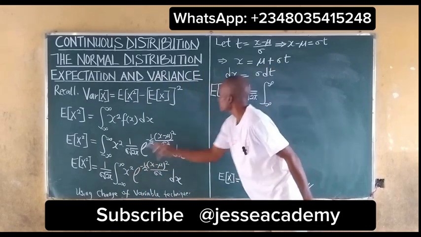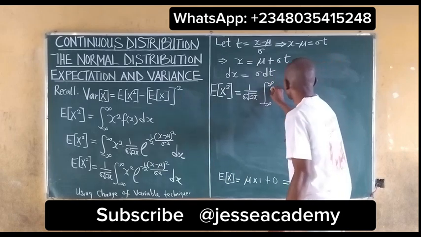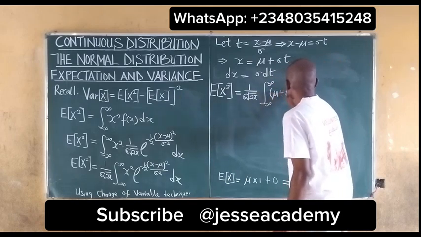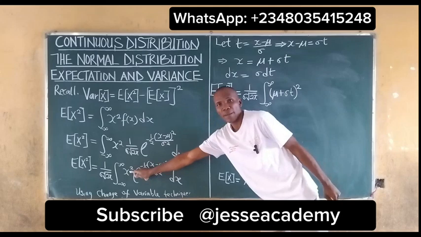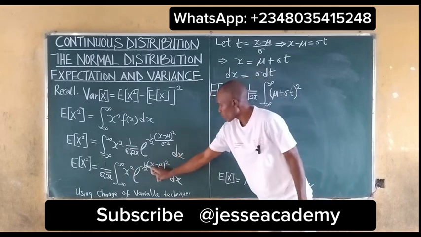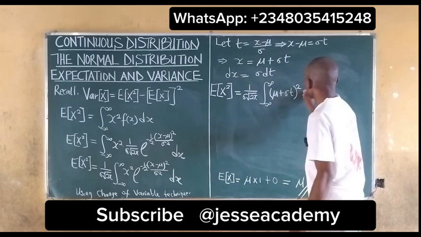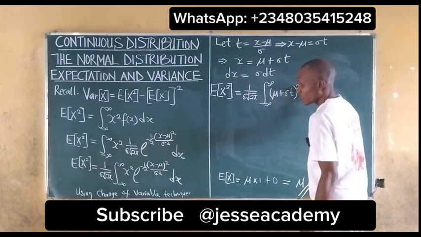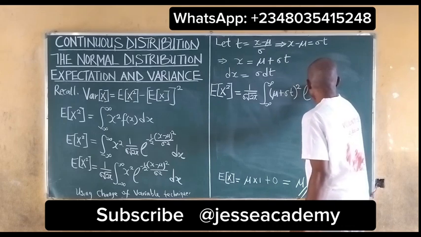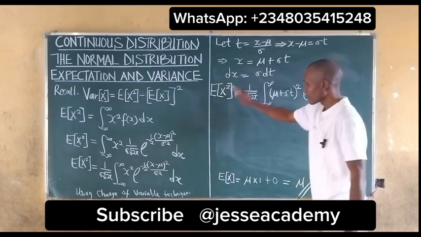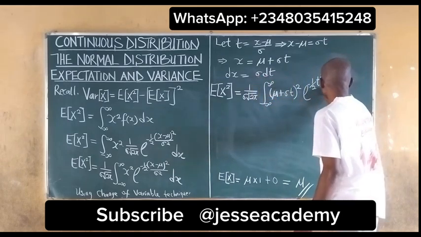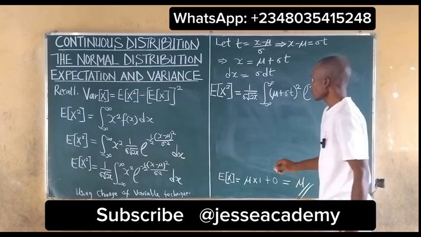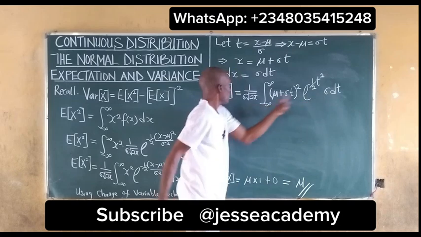Now we have our x to be the whole of this, so we write mu plus sigma t, squared, because of this square here. Now, the whole of this now becomes t multiplied by the exponential negative 1 all over 2 t squared. And we have the dx here. The dx will now turn to sigma dt. Of course, this sigma can cancel this.